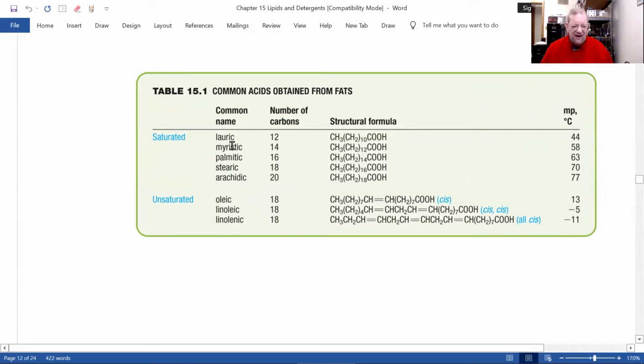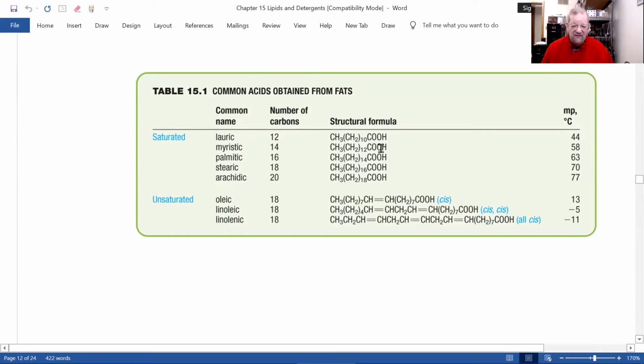They have common names. 12 is lauric, myristic is 14, palmitic is 16, stearic. And this one I've never worked with, so I don't even know how to pronounce it. Arachidic, whatever. It's rare. Now, these are all saturated. And remember, saturated means it has only carbon-carbon single bonds in the R group.